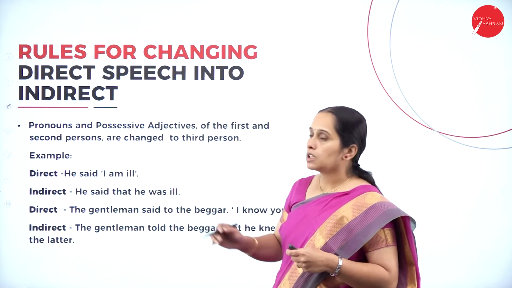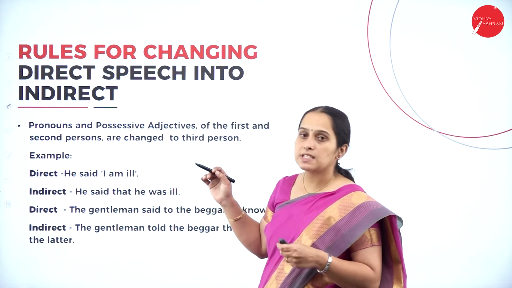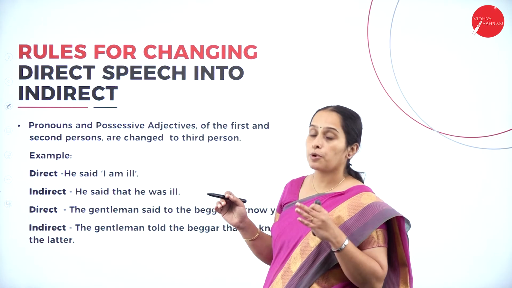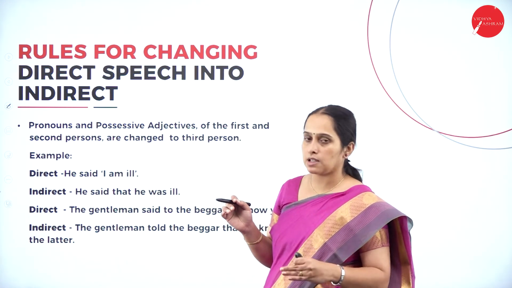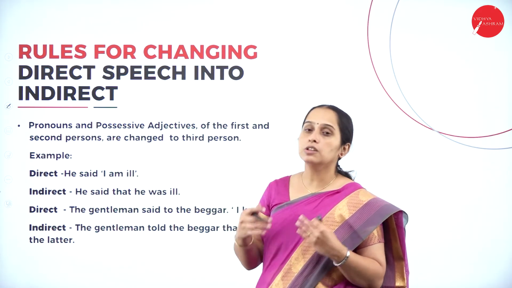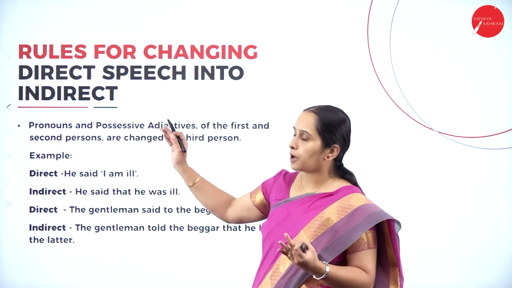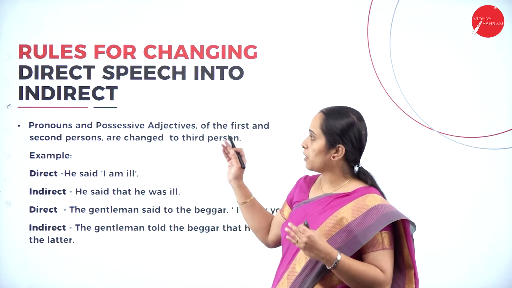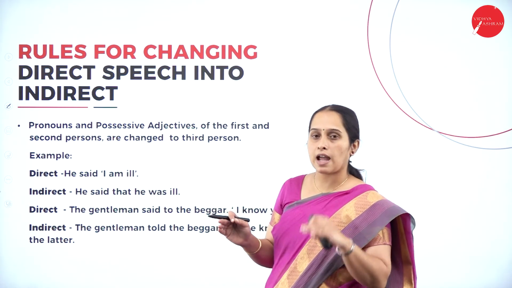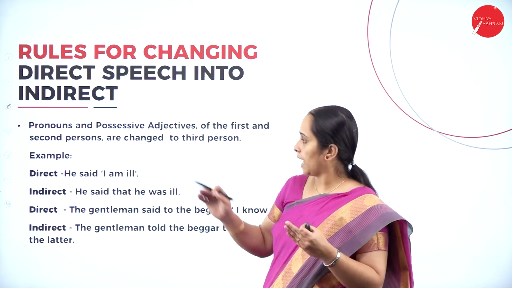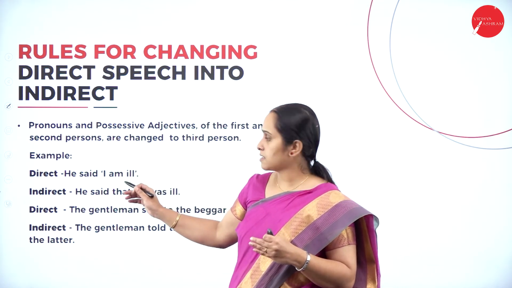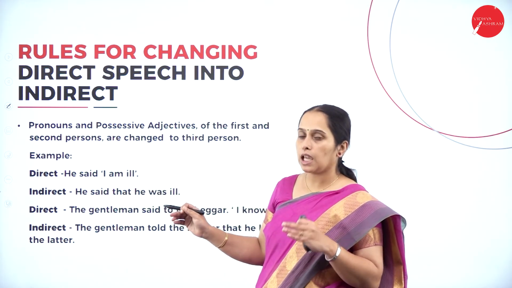Next one, pronouns and possessive adjectives. Pronouns and possessive adjectives of the first and second persons are changed to third person. Got it? Example: He said, "I am ill."